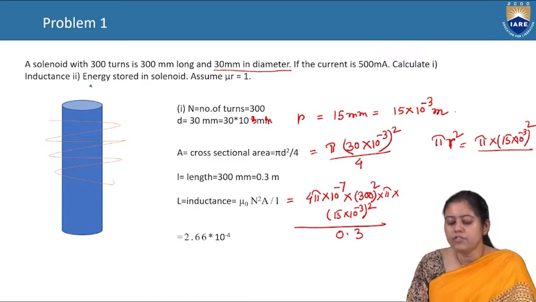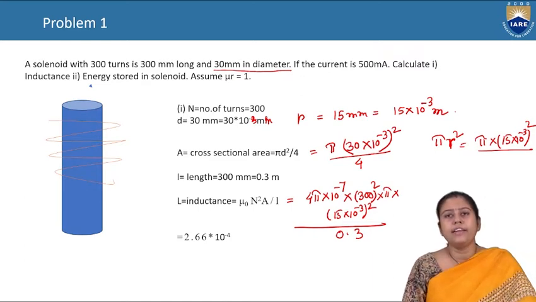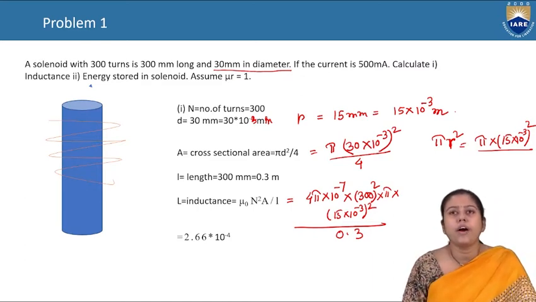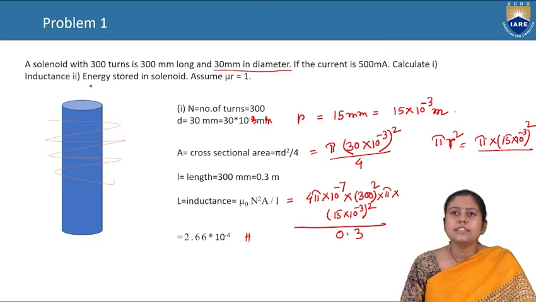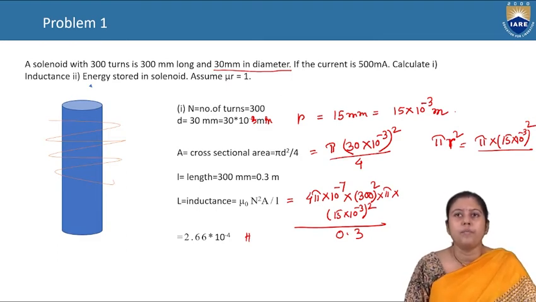After solving this equation, we get the inductance 2.66 into 10 to the power minus 4 Henry. This is the first part of this problem.